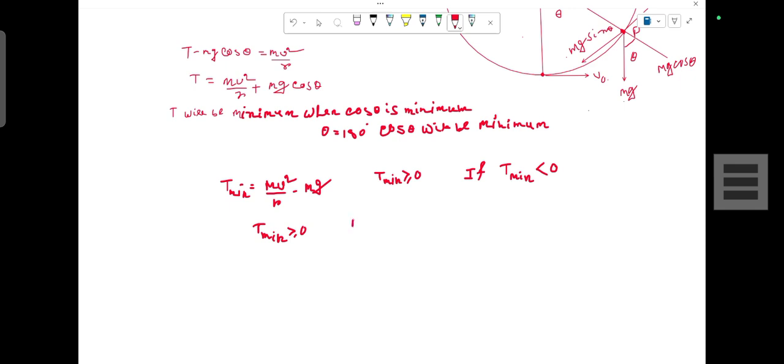That means T min means mv square by r, mvh square, that is the velocity at point h, minus mg, should be greater than or equal to 0.